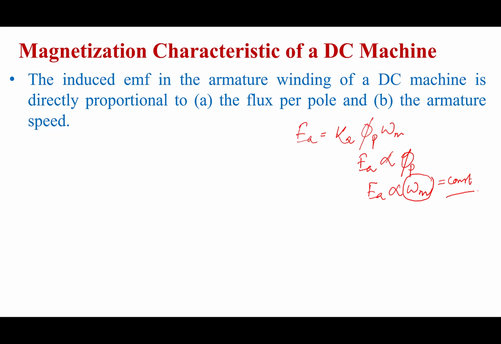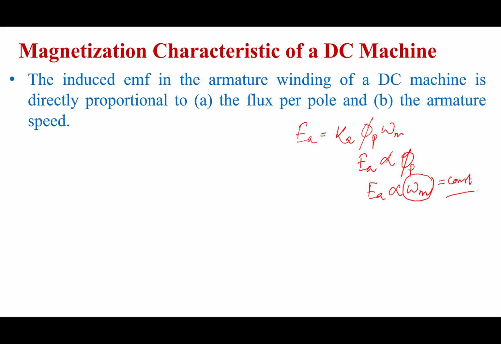How can I vary the flux? If it is a permanent magnet, we cannot vary it, as I told you in the beginning, because a permanent magnet always gives a fixed flux. So when we connect an electromagnet to the field, then we can vary the flux by changing the field current.